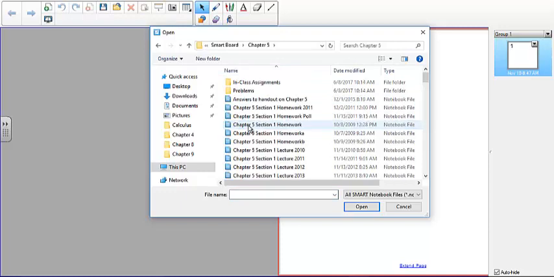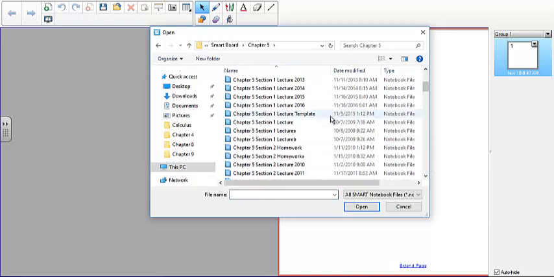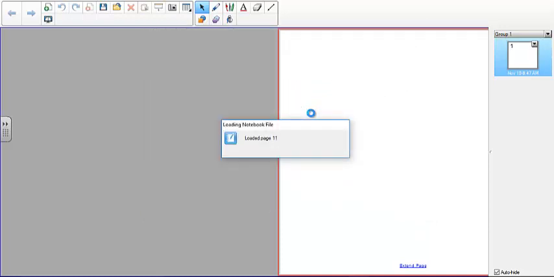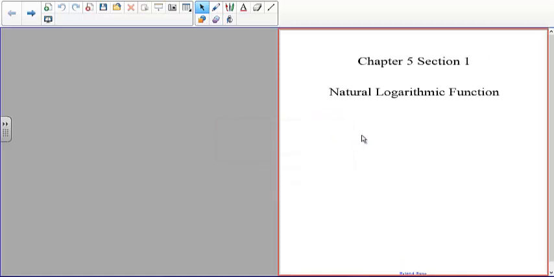Okay, chapter 5. So chapter 5 is going to talk about logarithms, exponential functions, inverse sine, inverse cosine, and inverse tangent. So those are the main things.